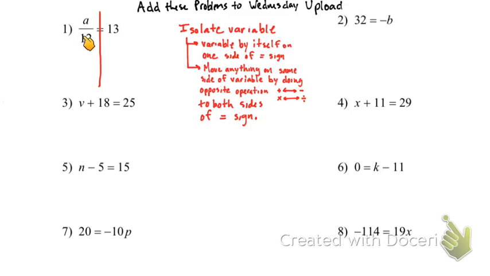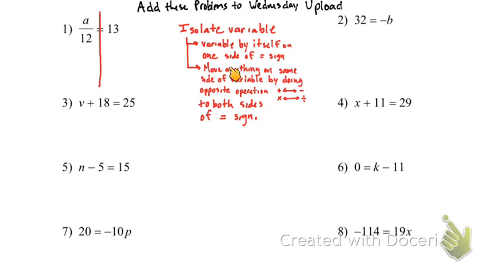So how do I do that? It's pretty simple. In order to make something go away, you're going to do this by doing the opposite operation to both sides. Okay? I don't like to say opposite sign. You're doing the opposite operation. For example, if the number you're trying to get rid of, so in this case 12, if it was adding, to get rid of it, you subtract it to both sides.